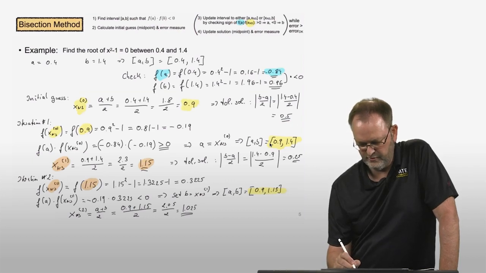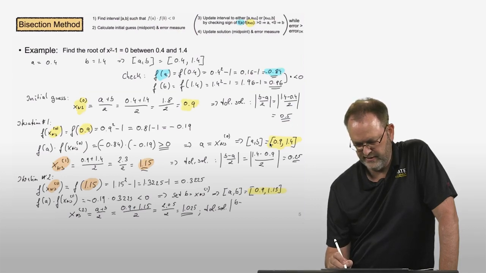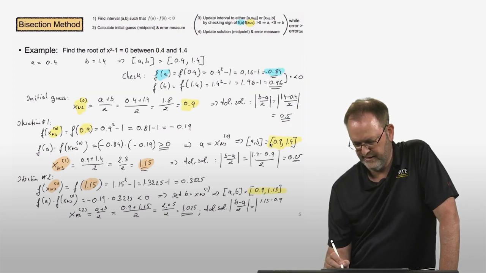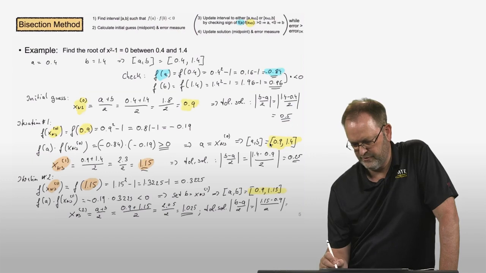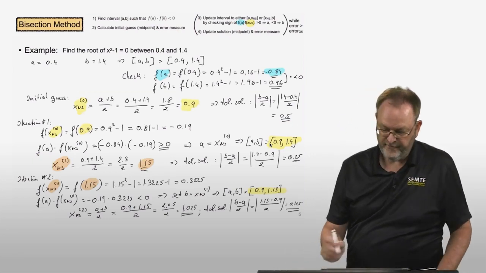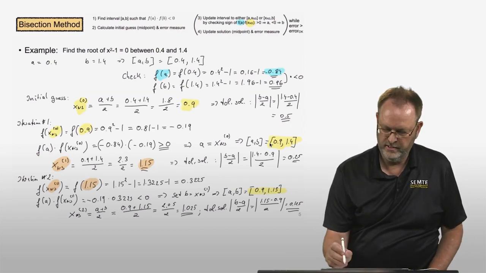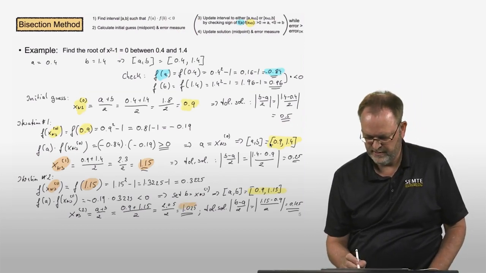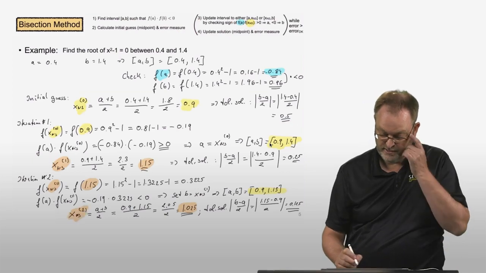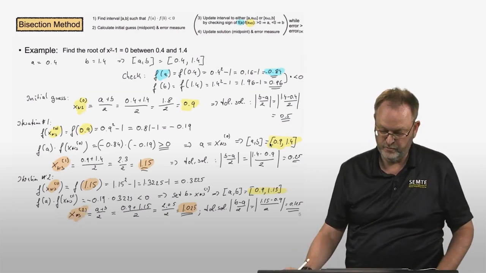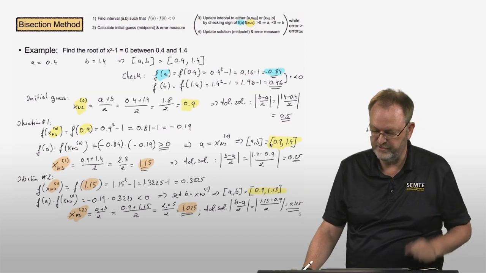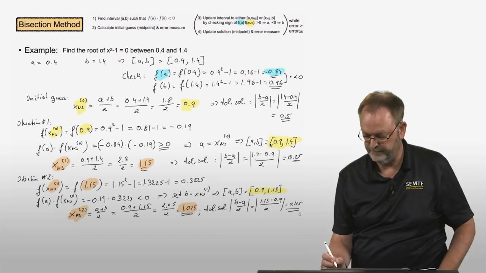And now my tolerance in solution for this is b minus a over 2. That's equal to 1.15 minus 0.9 over 2, which is equal to 0.125. So we have a solution right now that says that after 2 iterations, my numerical solution for the root is 1.025 with a tolerance in solution of 0.125.